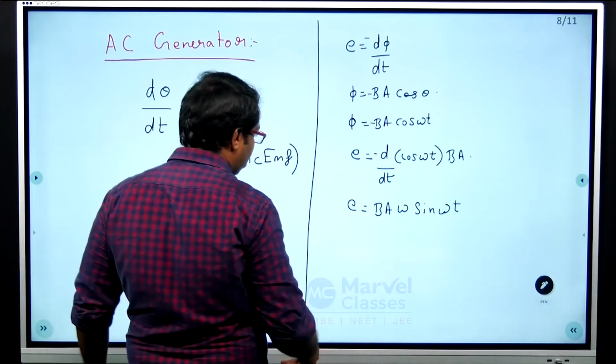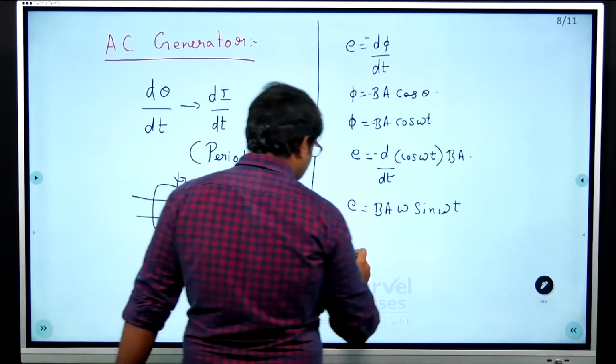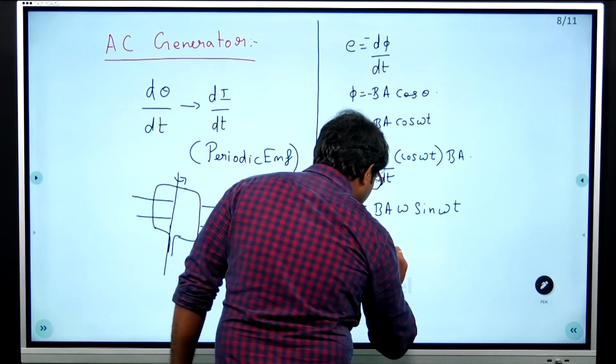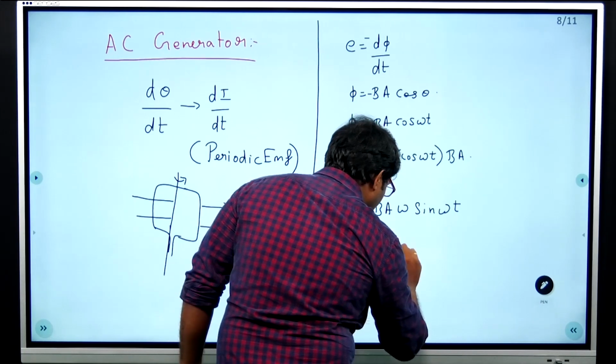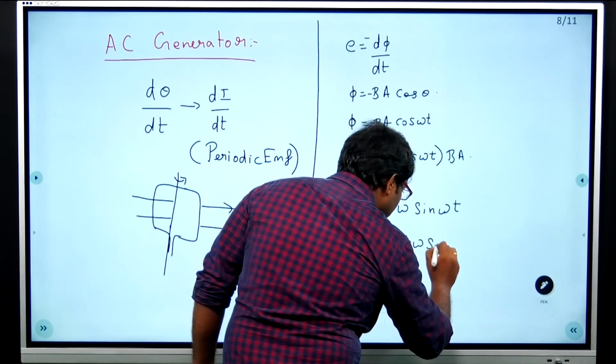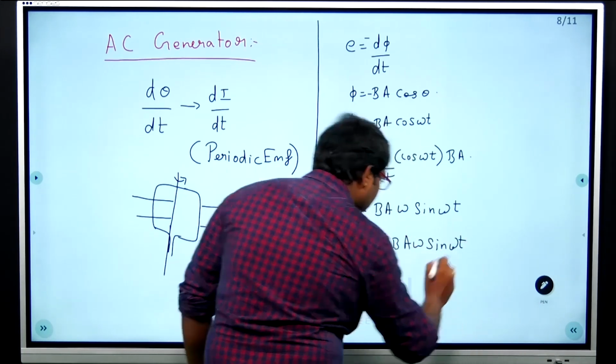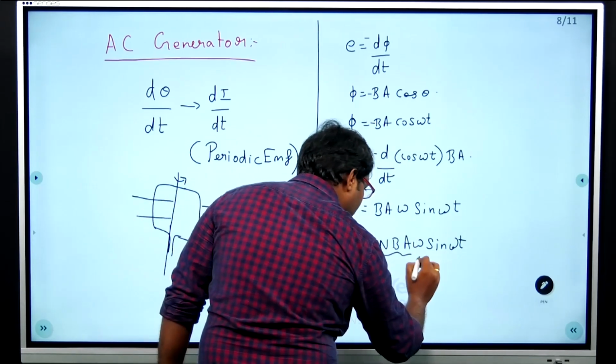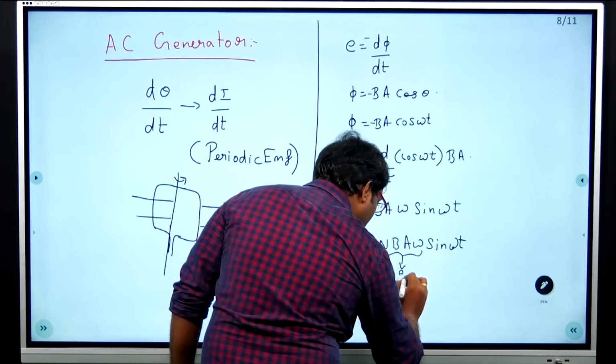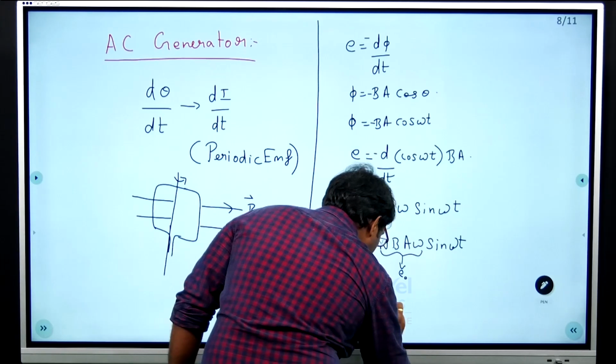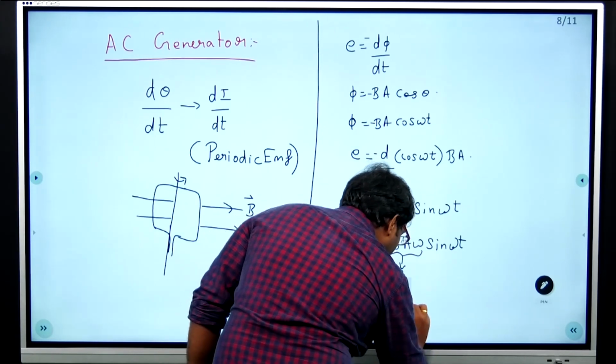If we introduce N turns in that, it is N B A omega sin omega t. So the whole thing can be rewritten as E naught sin omega t, where E naught is nothing but the peak value of the EMF.